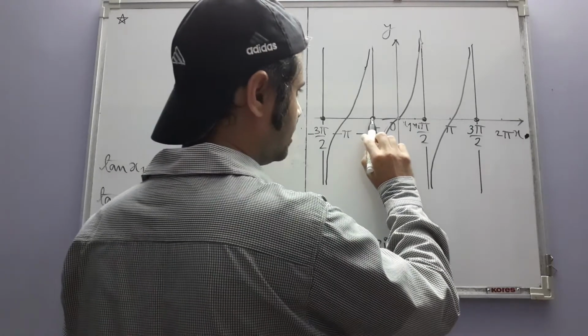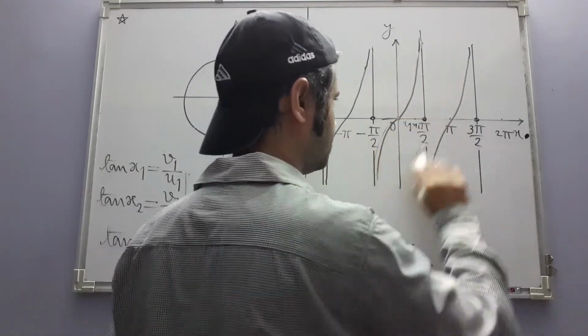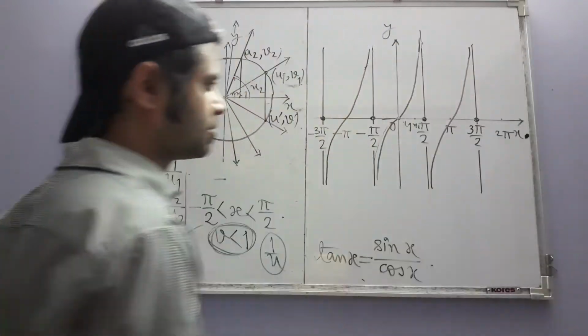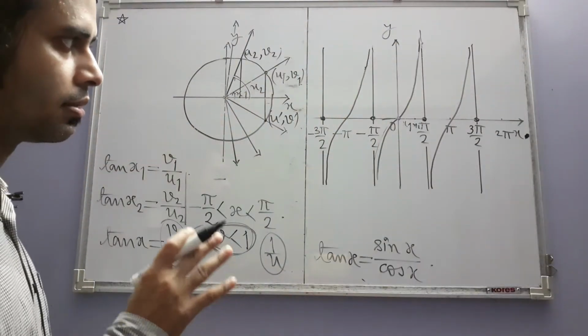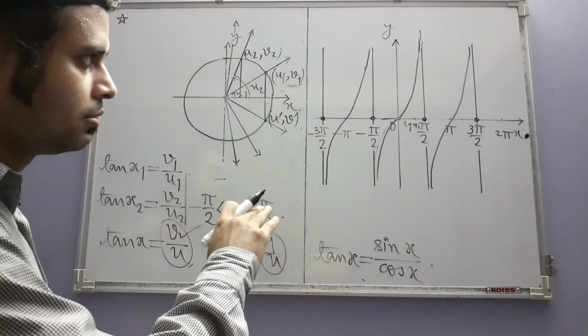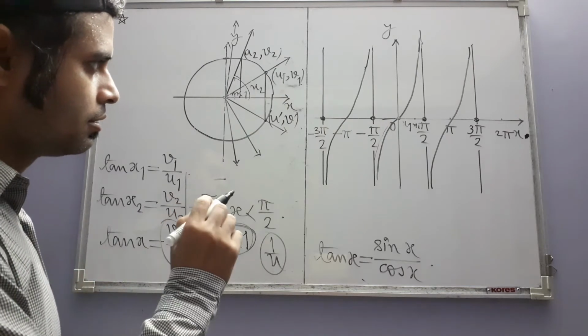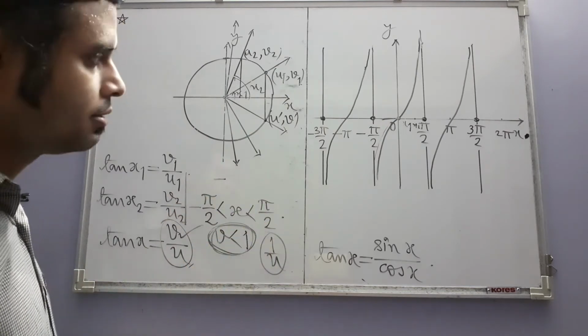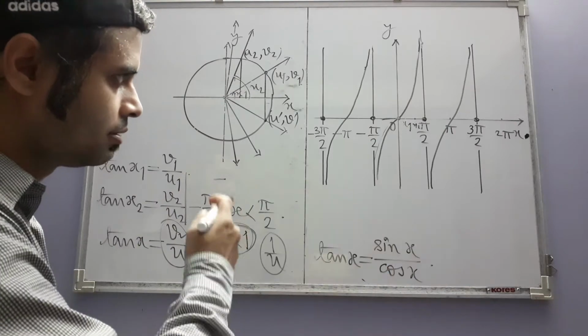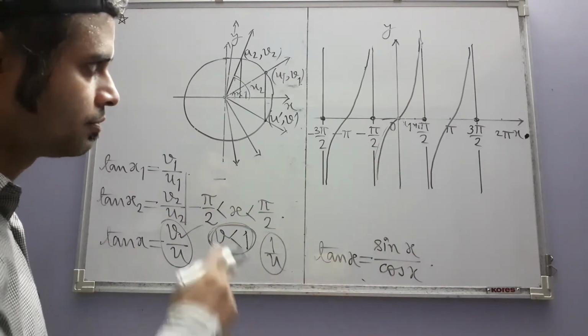And once you go beyond these points, the same behavior is repeated infinitely many times. So the graph of tan x is a collection of these broken individual graphs, and they are all identical, and the things happen after regular intervals. Same thing again and again.